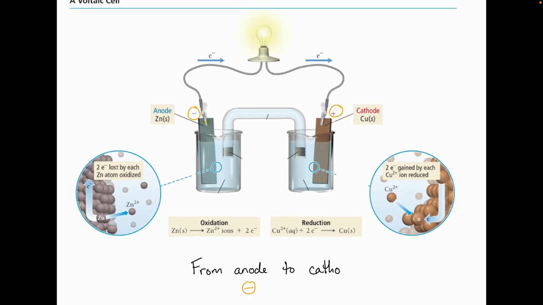From anode to cathode. All right, so when you bust out one of those AA batteries and you got to put it in your remote control in a certain direction, that's because you need the electrons to flow from the negative end to the positive end.